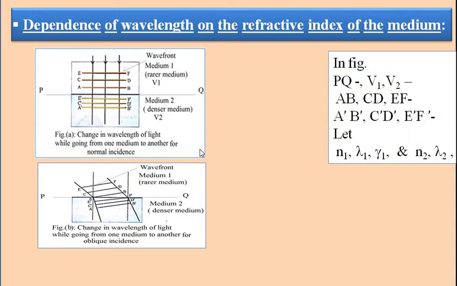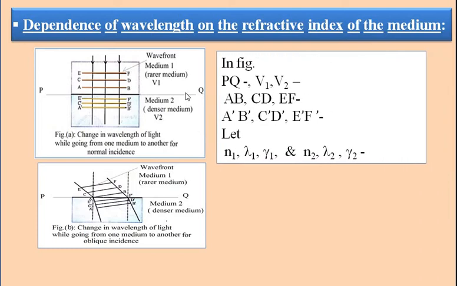Here in the figure, PQ is the plane refracting surface in both diagrams. V1 is the velocity of light in the rarer medium and V2 is the velocity of light in the denser medium. Here medium 1 is the rarer medium, medium 2 is the denser medium.